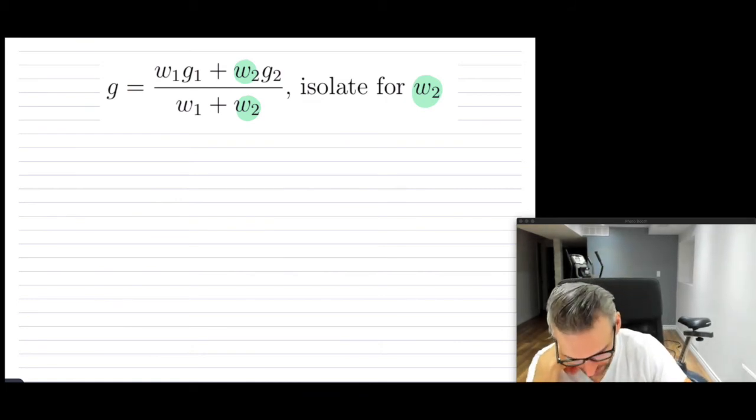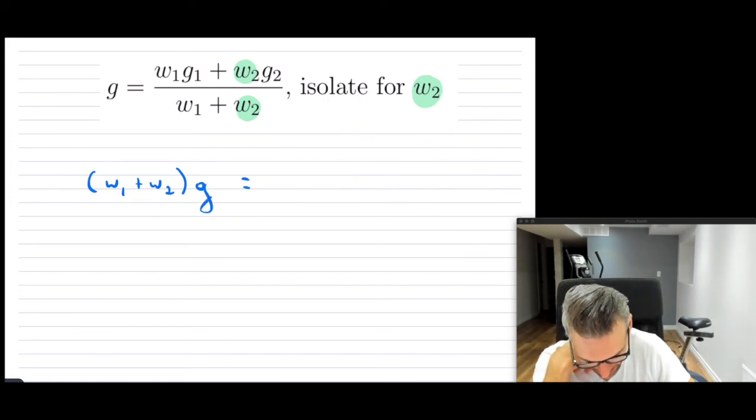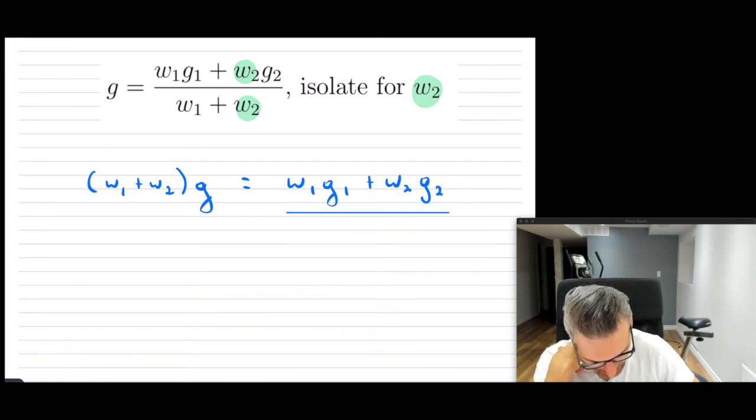So what this is going to look like is the following. I'm going to multiply both sides by W1 plus W2. So that's going to be on the left-hand side. On the right-hand side, I have my W1 plus W2.